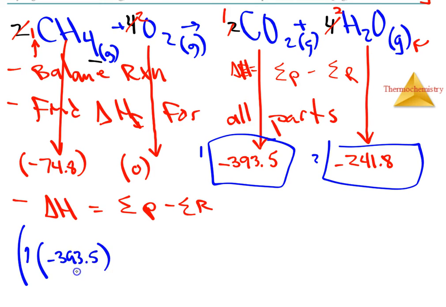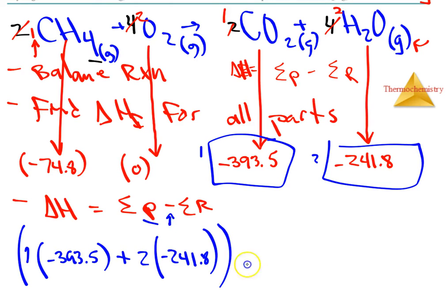Now, you don't have to write it out this way. I'm just doing it to be very specific. Plus, it's a sum, all right? So if it's a sum, I know I have to add first. I have 2 of the negative 241.8. Are we okay with that so far? Okay, that's the sum of my products.